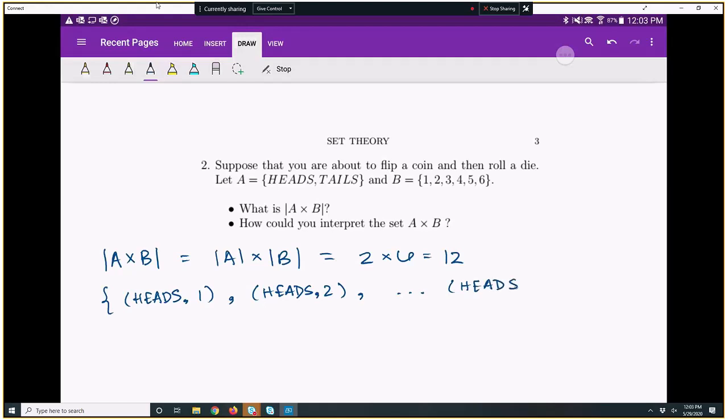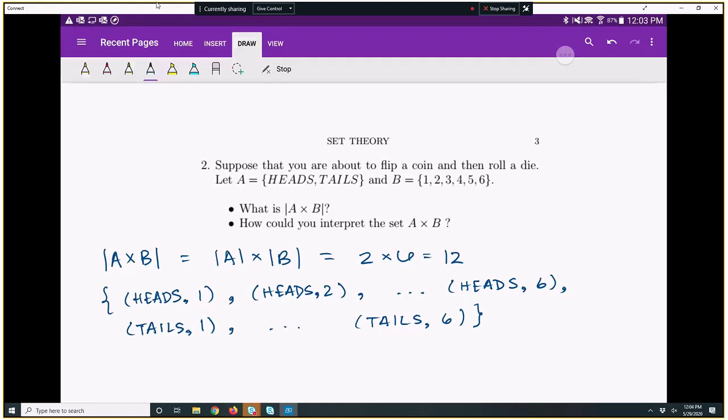Heads, comma, 6. Then I'd have tails, comma, 1. And so on, all the way up to tails, comma, 6. So this is what an element in the Cartesian product would look like. It would be an ordered pair where the first element is either heads or tails, and the second element is an integer between 1 and 6.